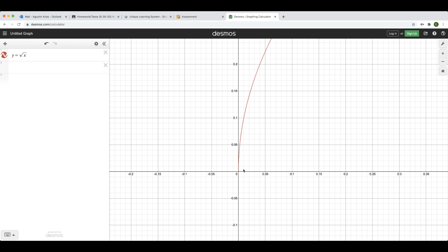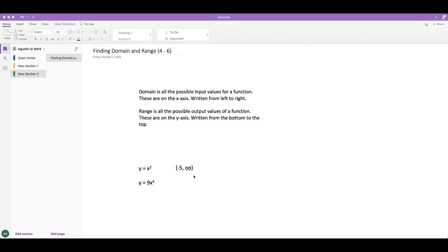Same thing for the range: 0 going up to positive infinity. It's going to look a lot like the previous one with the 5, but this would just be 0 instead, and you're including the 0. The only time you would not include the 0 is if plugging in the 0 would give us an error. In this case it doesn't give us an error, so we're okay with that. I hope that clarified it for you a little bit.